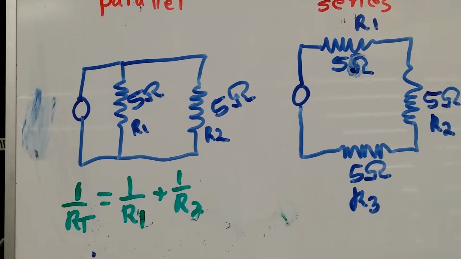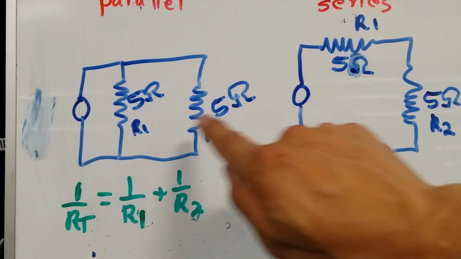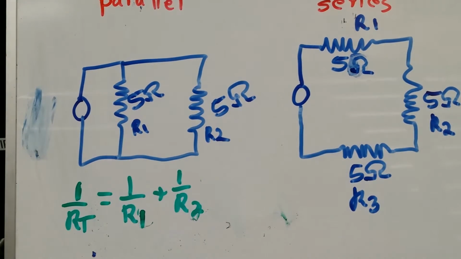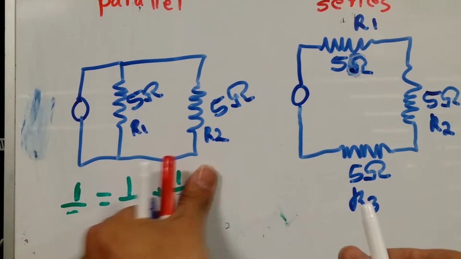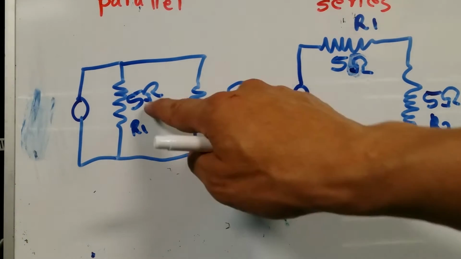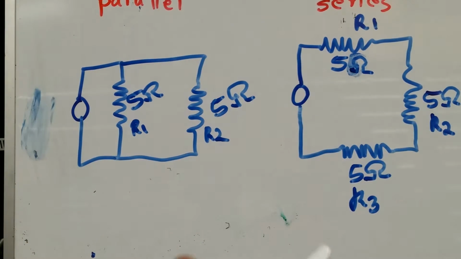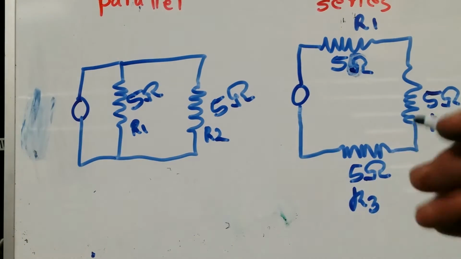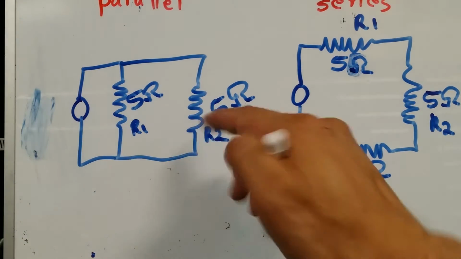And now I'm going to make a quick stop, because in this particular scenario, that resistor is the same as this resistor. So instead of using this complicated formula, I'm just going to forget about it, since this value is the same as this value, and this is only true for parallel circuits that have all the same value.